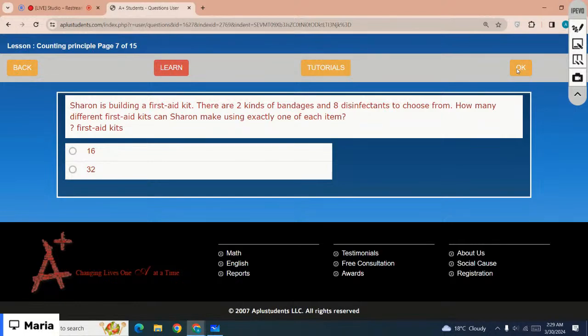Sharon is building a first aid kit. There are two kinds of bandages and eight disinfectants to choose from. How many different first aid kits can Sharon make using exactly one of each item? So, which is the correct option?